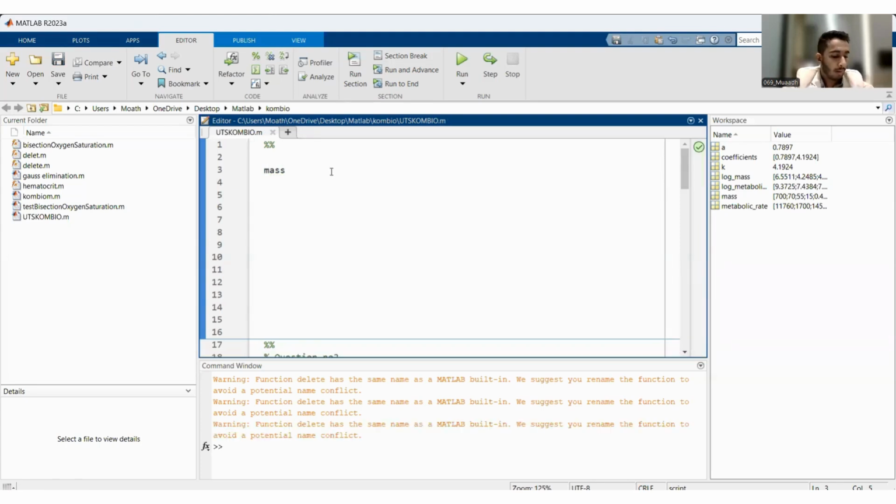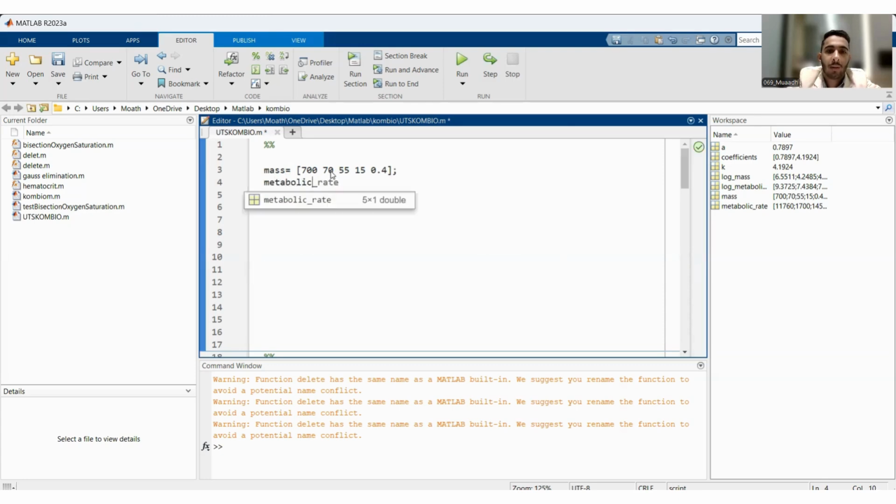The numbers are 770, 55, 15, 0.4, 176, 170, 450, 720, and 30. To start, we're going to take the natural log of each of these.